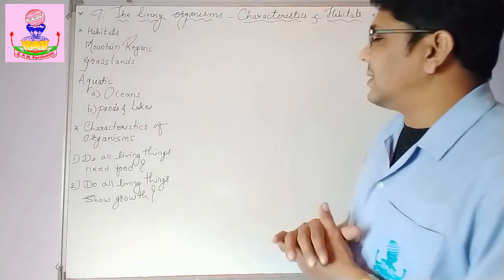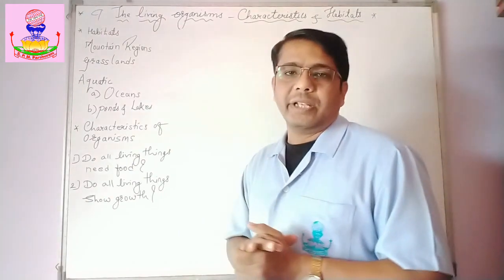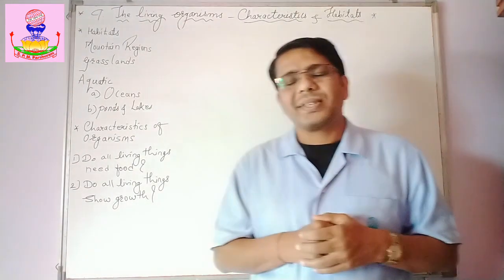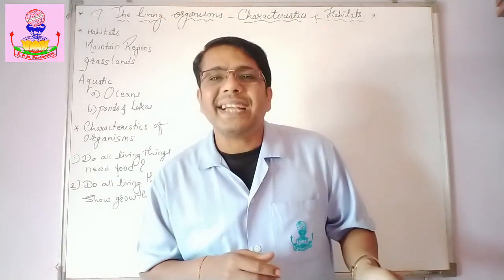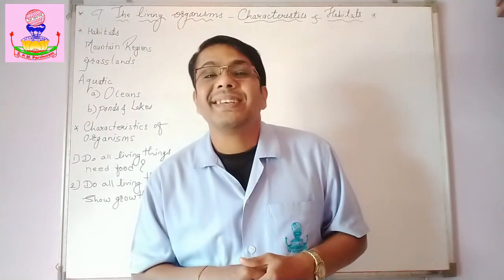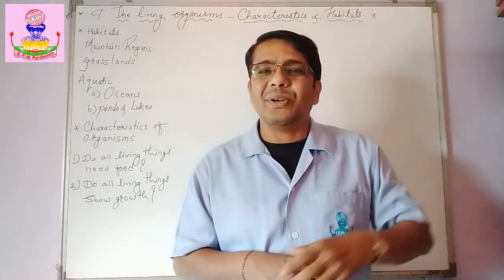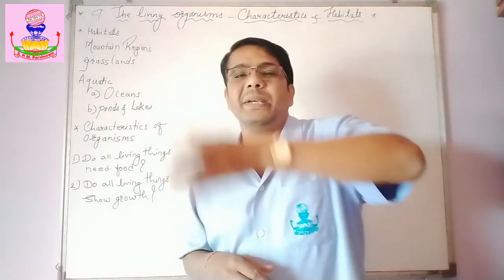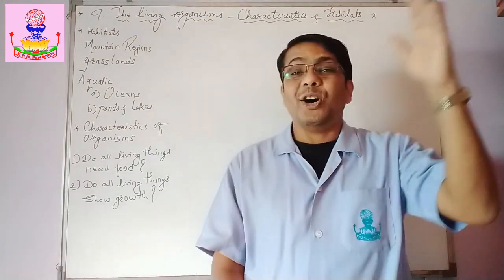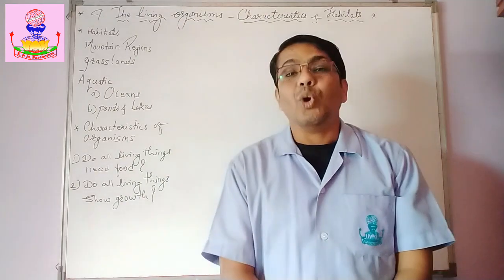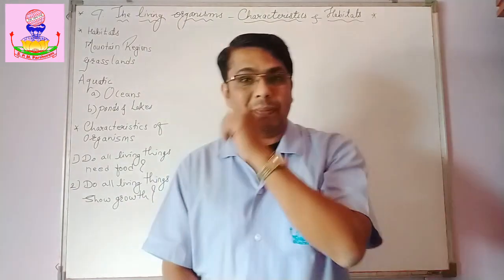Okay. Now, characteristics of organisms. Now in the first activity, do you remember the first activity of this topic? What have we done? Yes, we have noted down the living objects and all the non-living objects from various types of surroundings. Forest, deserts, then sea, oceans, right?